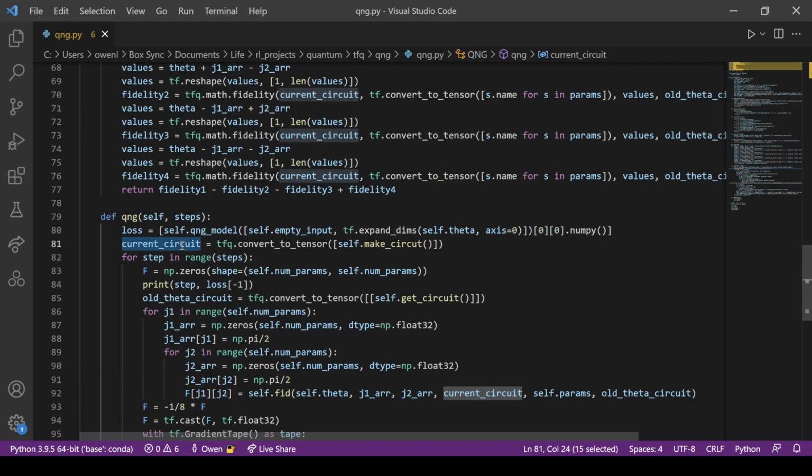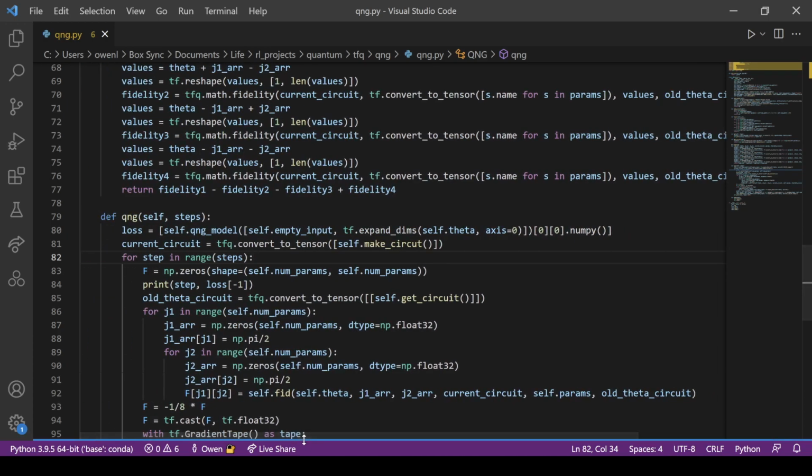Remember, the way the fidelity operation works, in TensorFlow-Quantum at least, is we provide it with the parametrized circuit, the parameters, the parameter values, and then the non-parametrized circuit that we're comparing the fidelity to. So although in this case we're comparing two parametrized quantum circuits, we only need to provide parameters for one of them. We need to make the other one static so that we can compute the fidelity between them.